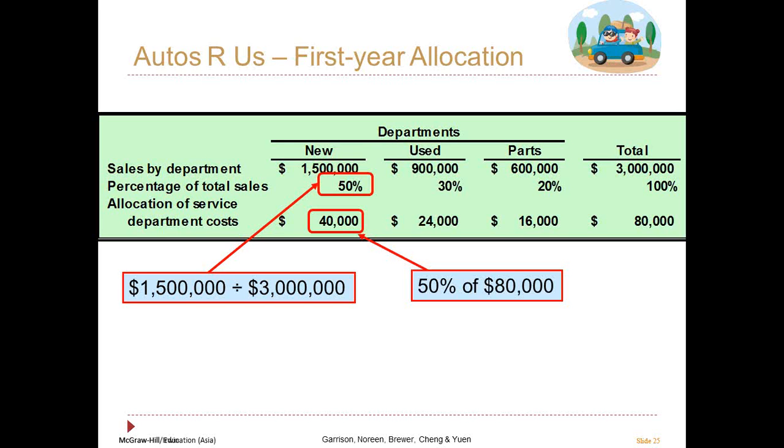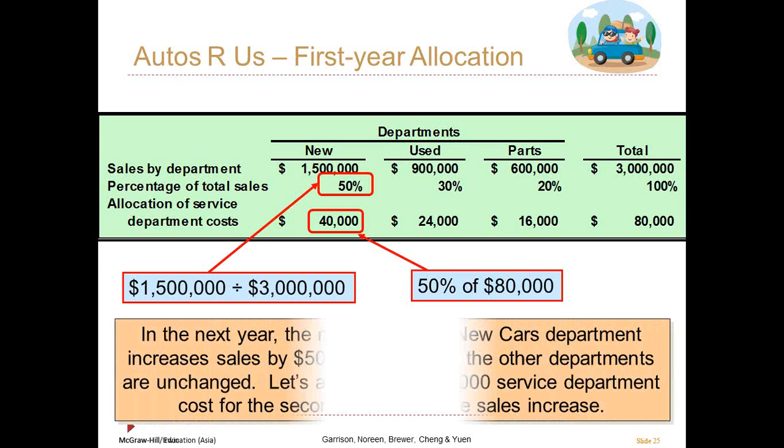In the next year, the manager of the new cars department increases sales by $500,000. Sales in the other departments are unchanged. So let's allocate the $80,000 of service department costs for the second year, given the sales increase.